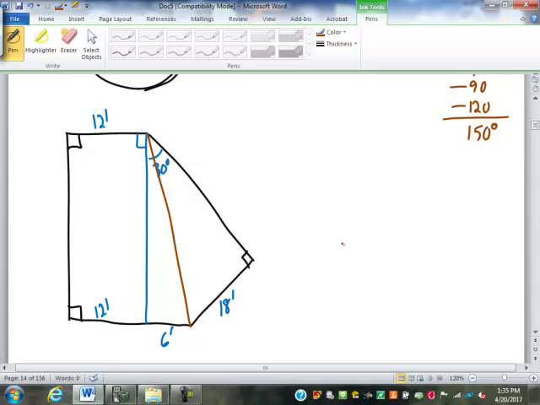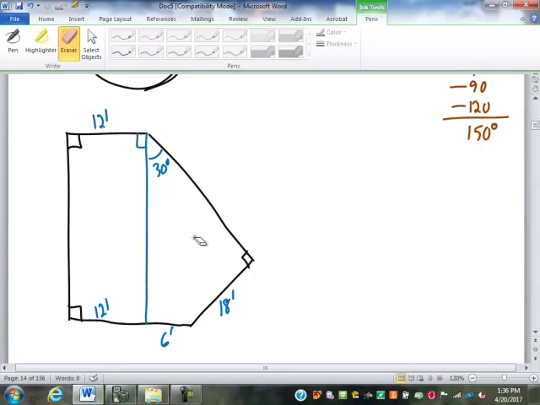Although it doesn't mean that it's split. No, because it doesn't split the 30 evenly. You're correct. If the 18 and the 6 were the same, it would split the 30 evenly. But at this point, alas, it does not.